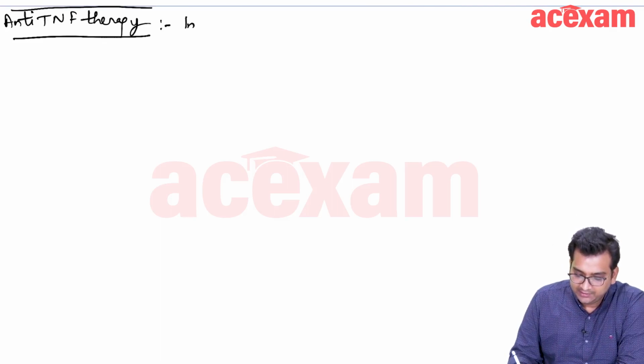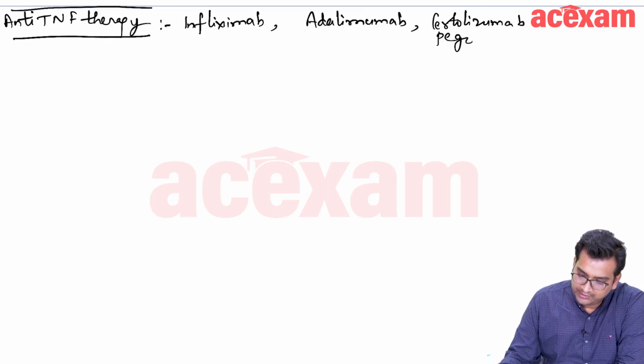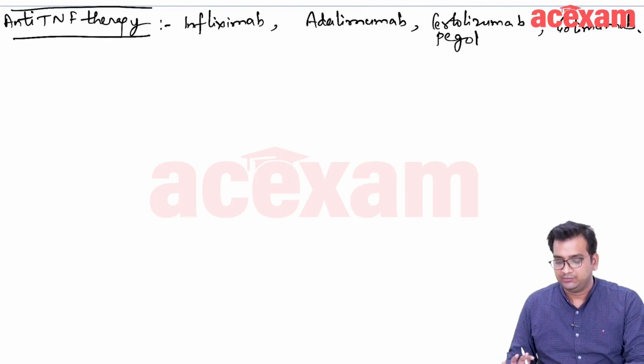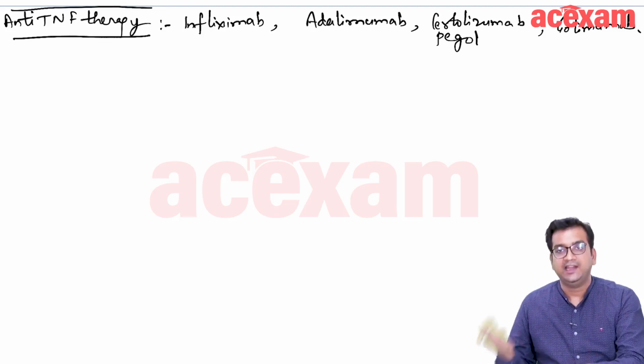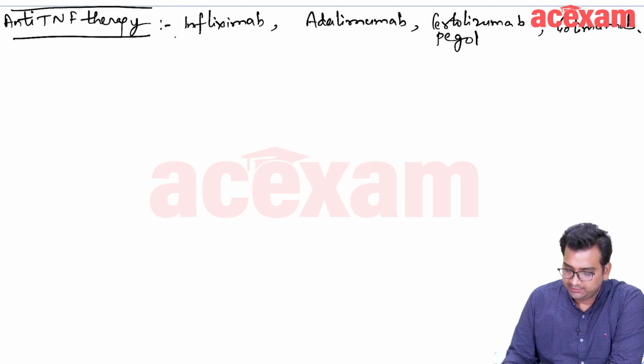The anti-TNF therapy is infliximab, adalimumab, certolizumab pegol, and golimumab. These four are the anti-TNF therapies. So the question is going to ask like certolizumab pegol is anti-TNF therapy. Okay. Now, first is infliximab, adalimumab, certolizumab pegol, golimumab.